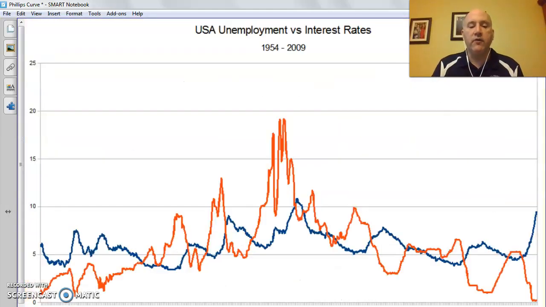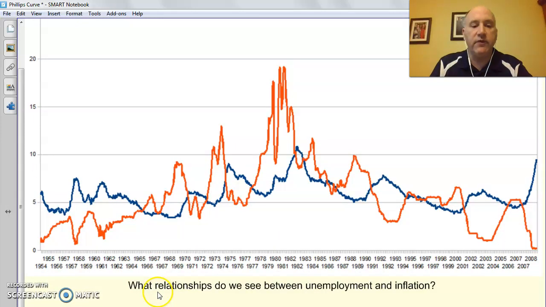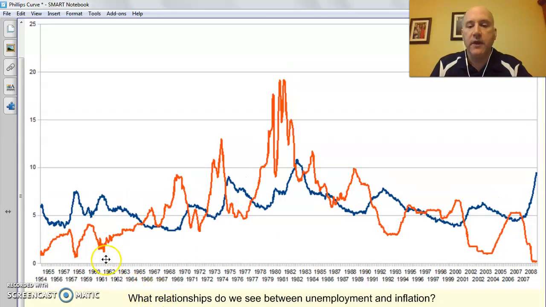And if we look over here, we see the reflection here of unemployment and inflation. Okay? The unemployment line is the blue line, and inflation is the orange line. And you could see when inflation rises, eventually unemployment rises. And you see here it is during the beginning of the Reagan years.